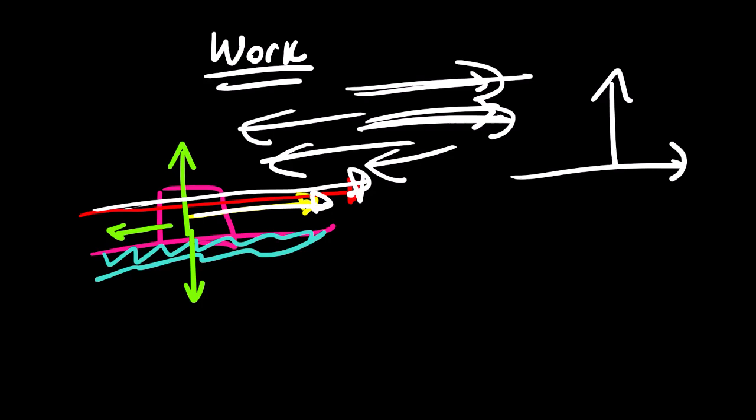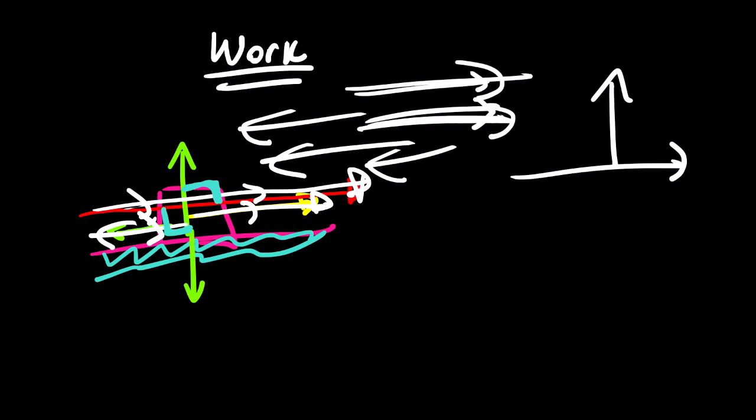So force applied does work on the object because it's parallel to the displacement. Also look at kinetic friction. It's also parallel to the displacement, so it does work. Looking at the other forces, they form 90 degrees with the displacement, so they don't do any work on the object.